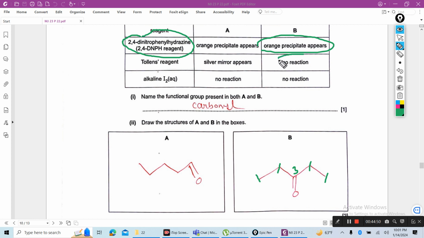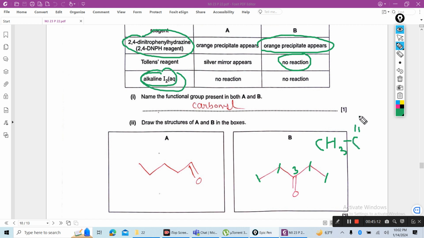Tollens' reagent: a ketone does not give this test, and alkaline iodine: the ketone 3-pentanone does not give this test, but in the iodoform test alkaline iodine reacts with only a methyl ketone, CH3CO.